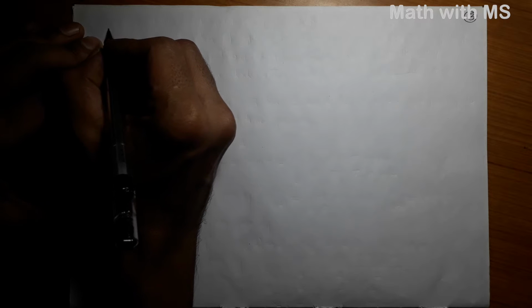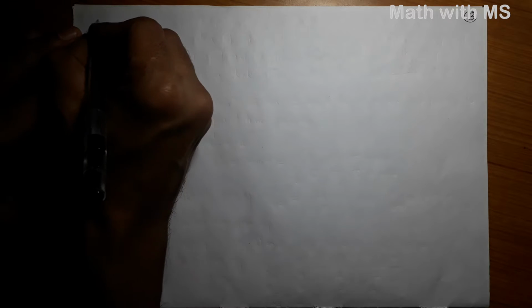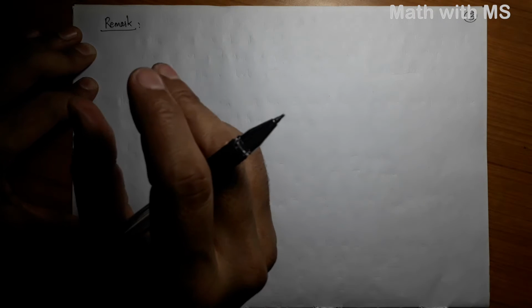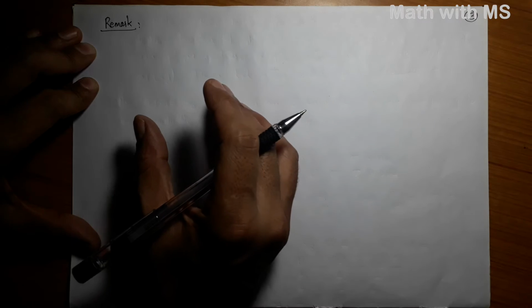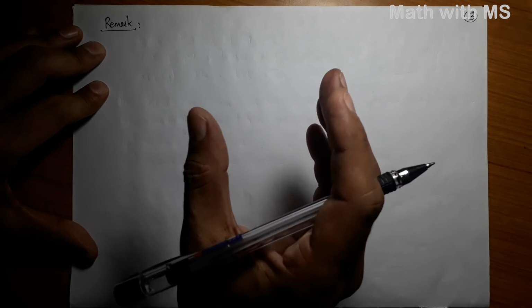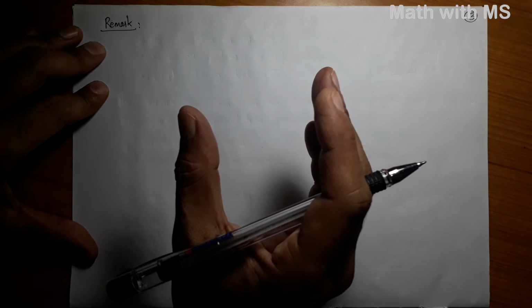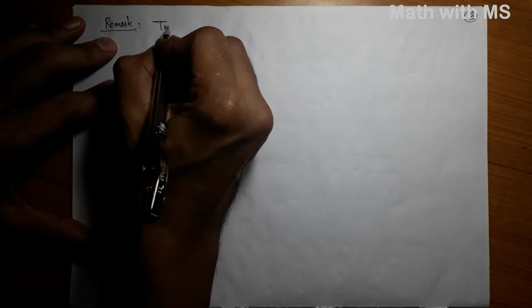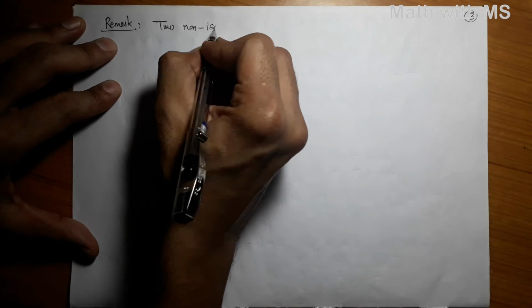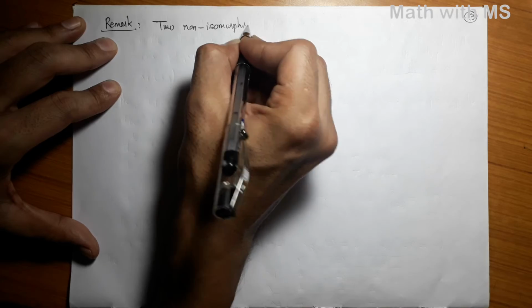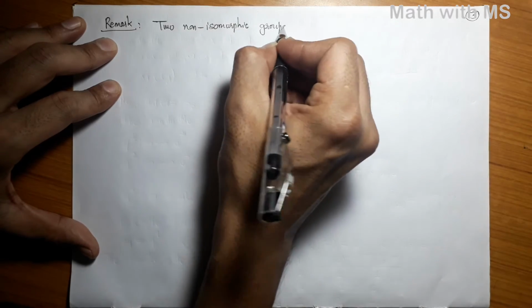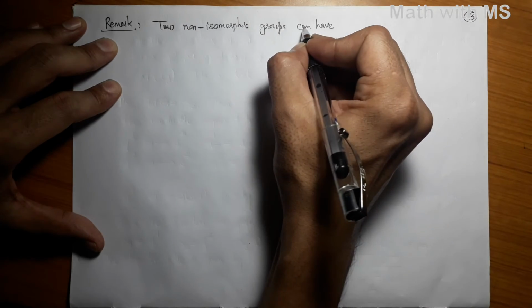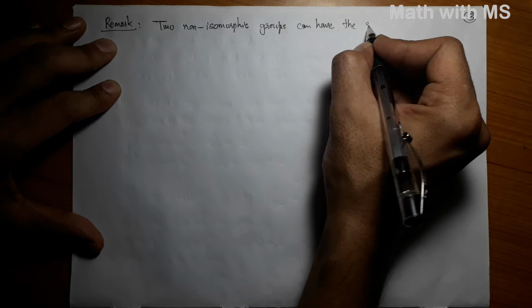I want to finish discussion about character table with this remark. Remember that I said character table is an invariant of a group, but it is quite possible that two non-isomorphic groups have the same character table. Okay, so two non-isomorphic groups can have the same character table.